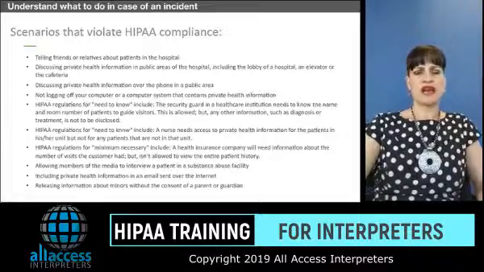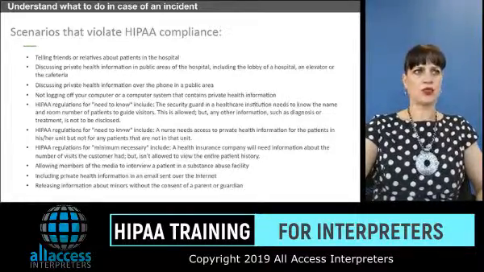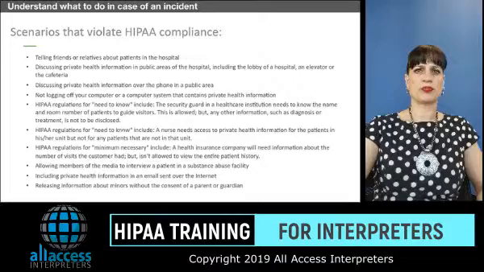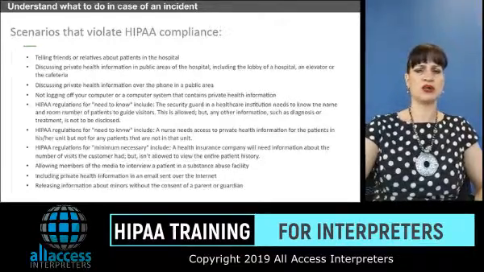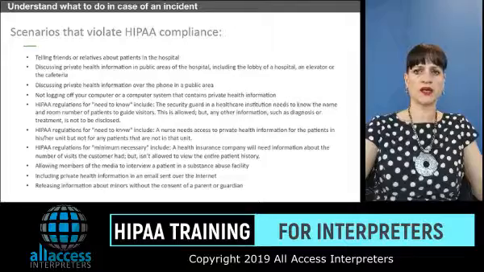Some scenarios that violate HIPAA compliance would be telling friends or relatives about patients in the hospital that you've interpreted for, discussing private health information in public areas of the hospital, including the lobby or an elevator or a cafeteria.